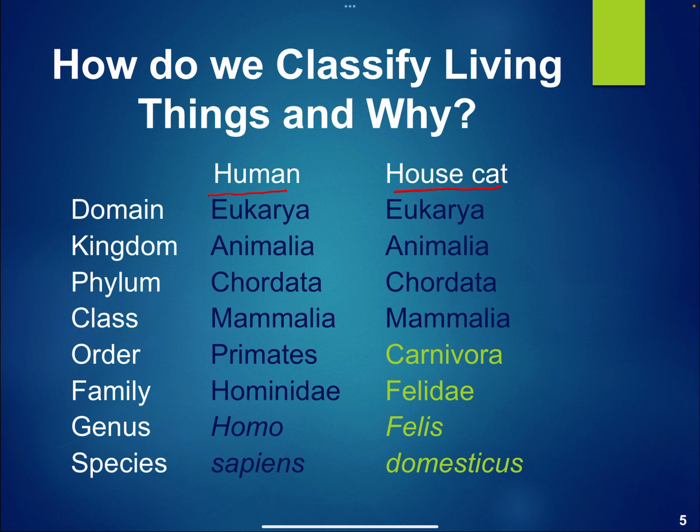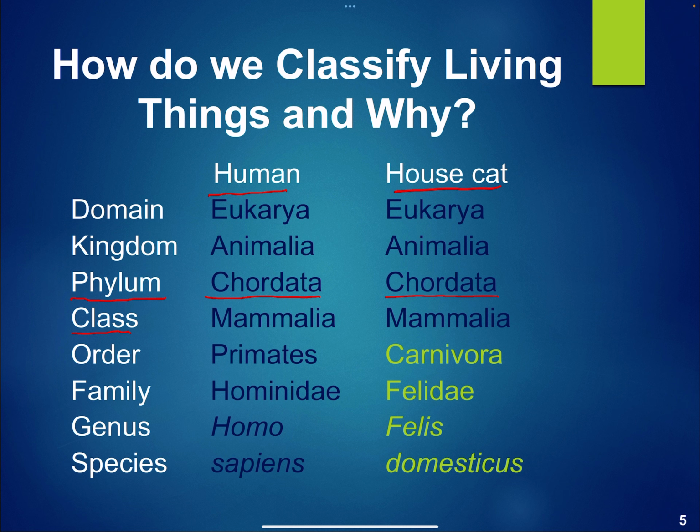We also notice that these two organisms both have a spinal cord. They fall in the phylum of Chordata. And they both have hair. A house cat and a human, therefore, both fall in the class of mammals.